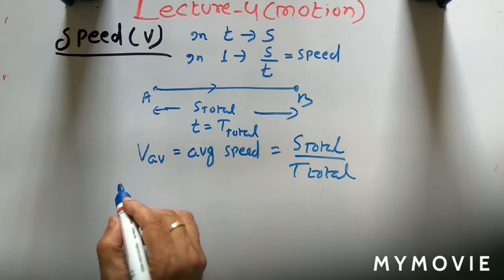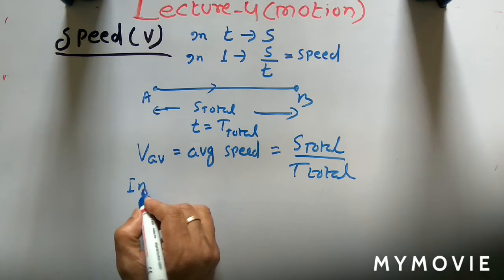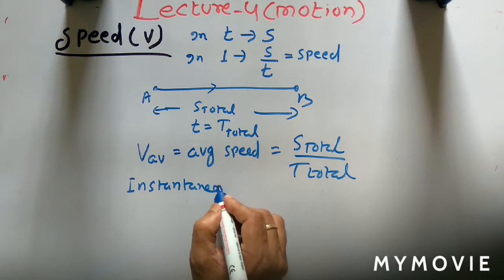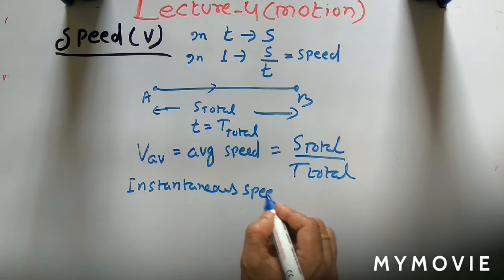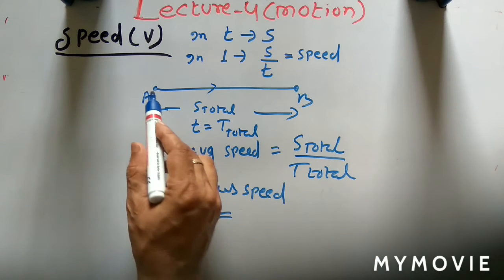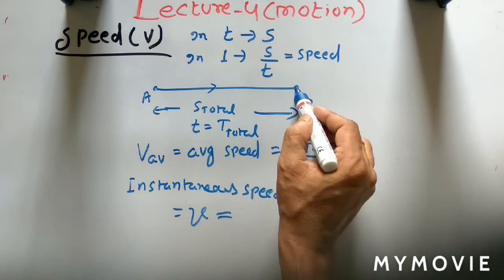Then the question comes, what is instantaneous speed? Instantaneous speed is represented by small v. Now see, let a bus be moving from Bhubaneswar to Cuttack.